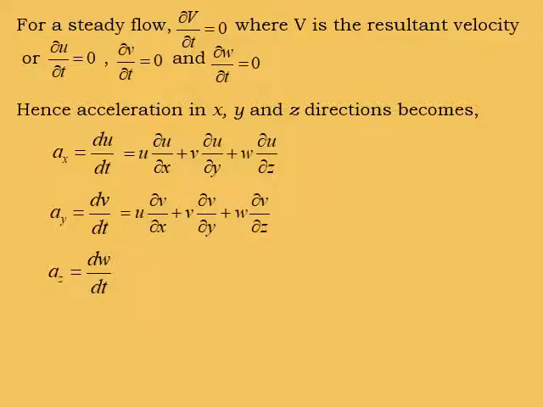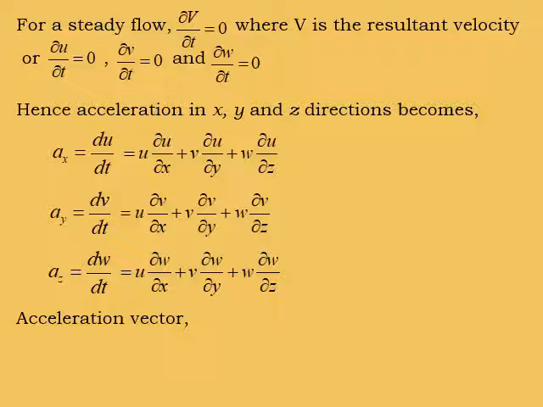A of z is equals to dw by dt is equals to u into dou w by dou x plus v into dou w by dou y plus w into dou w by dou z. So these are the three expressions for acceleration in three different directions for steady flow.